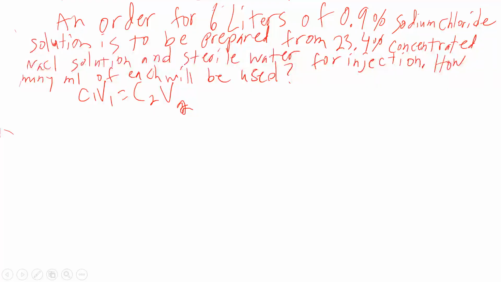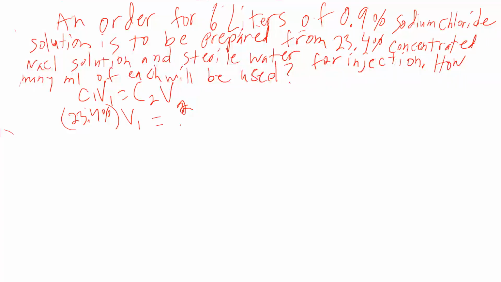So it looks like we have the perfect number of variables that we can use. Let's see how this would work. Okay, so for C1, it's 23.4% of sodium chloride, and we prepared from 23.4, so it's V1.